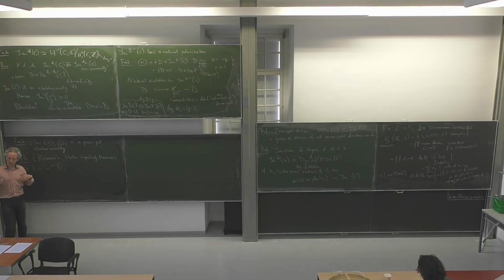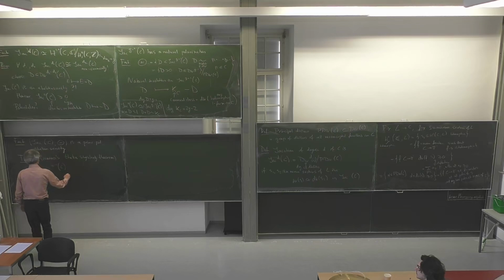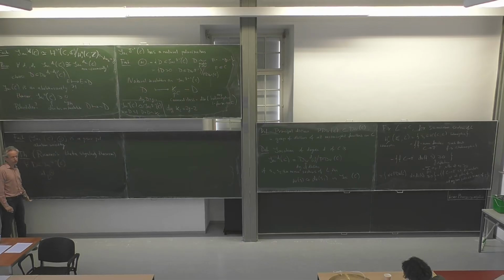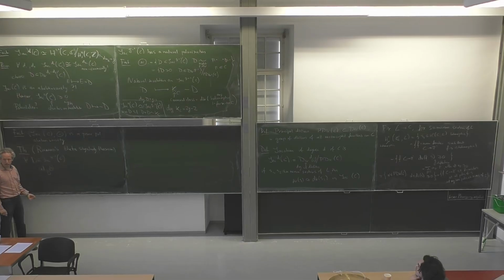The theta function is a function on the Jacobian, right? So you can ask, what is the order, multiplicity, of the theta divisor at a point D? What does this mean? Theta divisor is a codimension one subvariety of a Jacobian. It's given by one function theta. Okay? And you can ask to what order does a function vanish at this point.